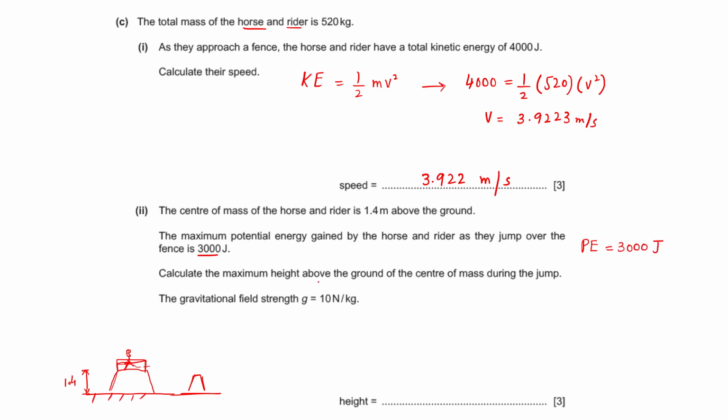Calculate the maximum height above the ground of the center of mass during the jump. So the energy gained, so if he has to jump over it, so the horse would be falling this path. So this is already 1.4 meters, the center of mass, and if it's jumping over it, so jumping over it will cause the gain in potential energy. So from gain in potential energy, we know that potential energy is given by mgh.